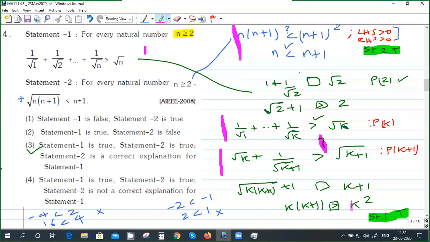So k is greater than k, which is true because k is greater than or equal to 2. You can cancel k on both the sides and still the inequality holds because k is positive and greater than or equal to 2. So that's why I'm able to cancel k.